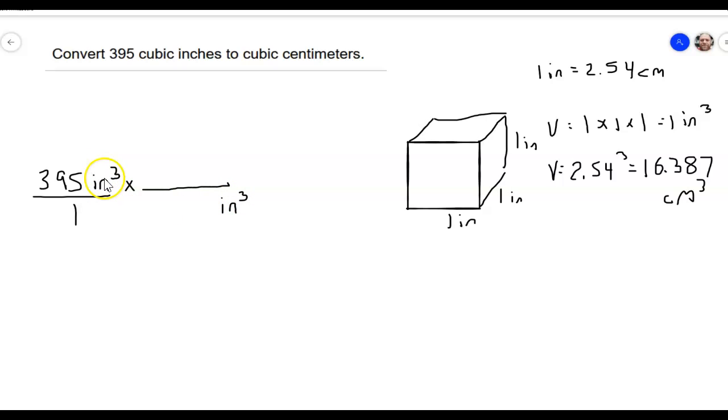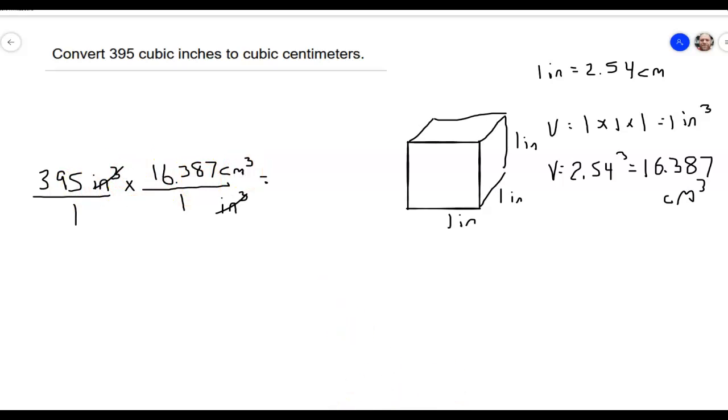I need the value that corresponds to the cubic inches down here, and that's going to be the 1. So the 1 cubic inch comes down here, which means my 16.387 cubic centimeters comes up here. Now all I have to do is cancel out those and multiply across.